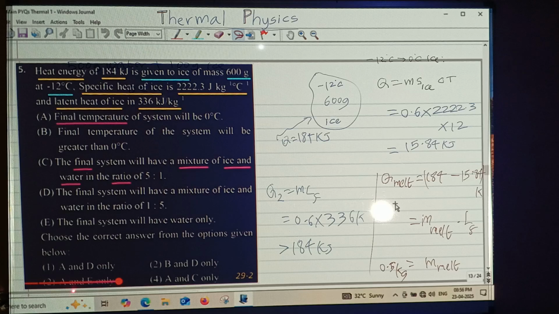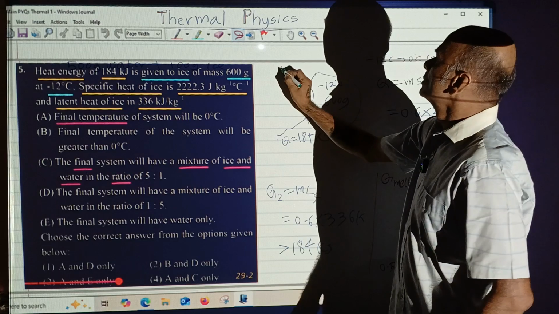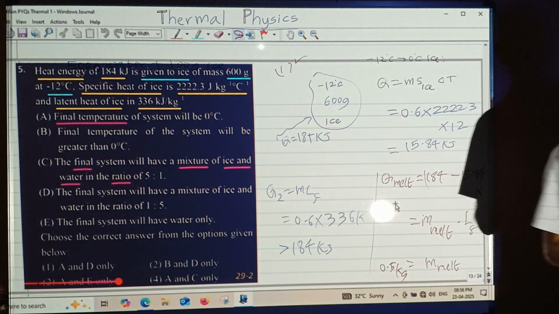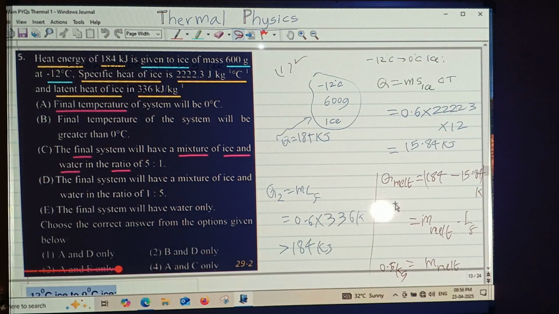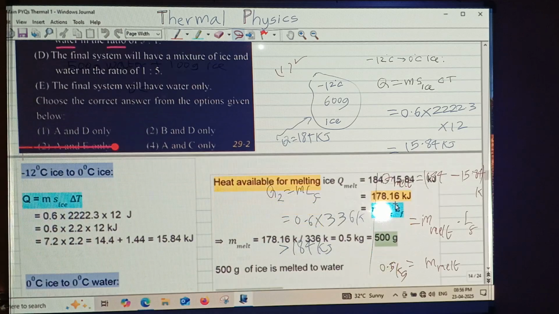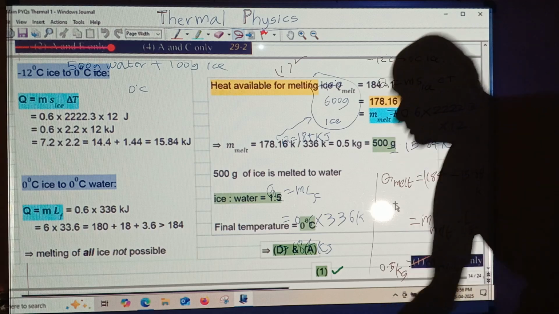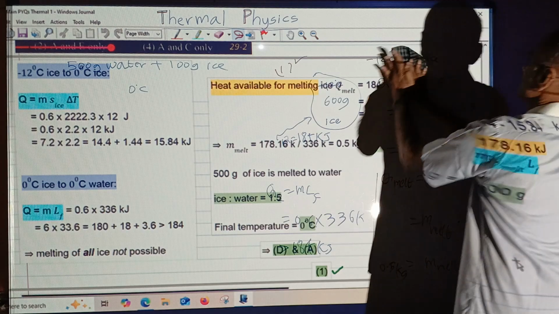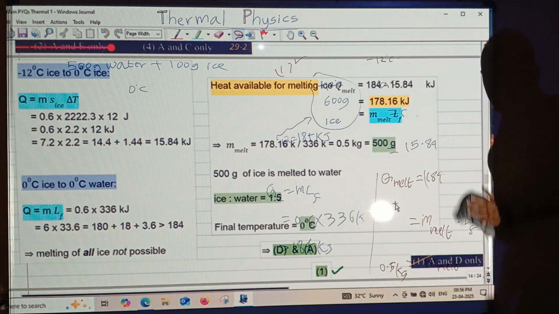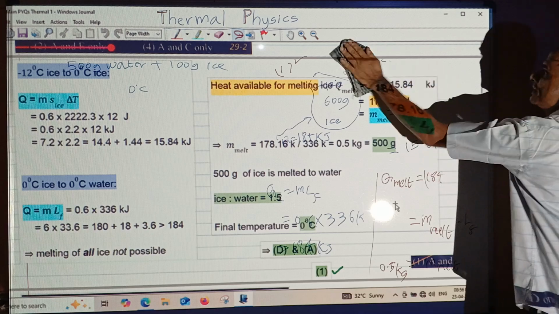So correct answer is option 1. So that is the correct answer. So this is what I explained here.